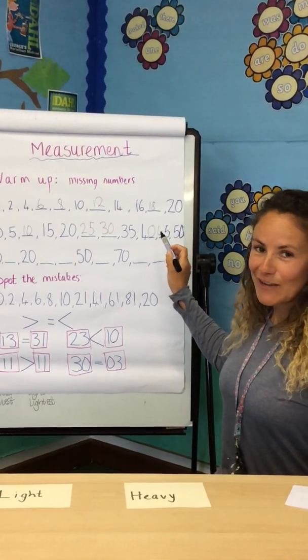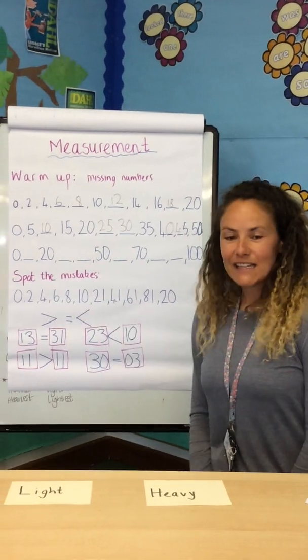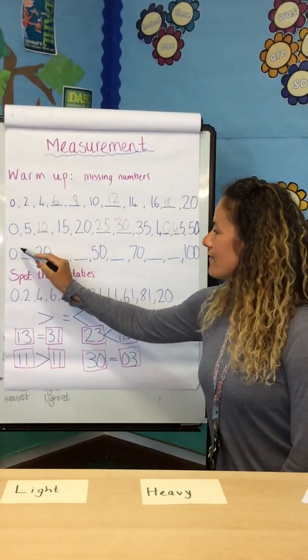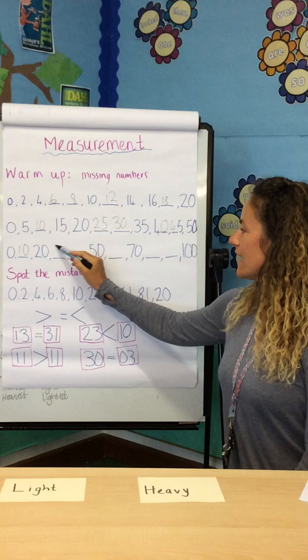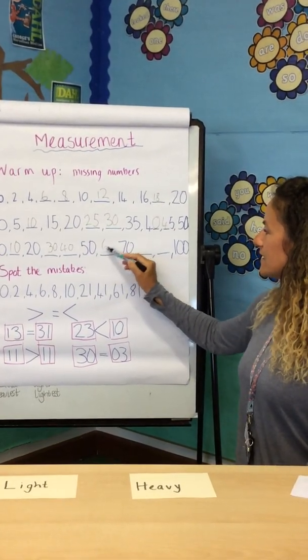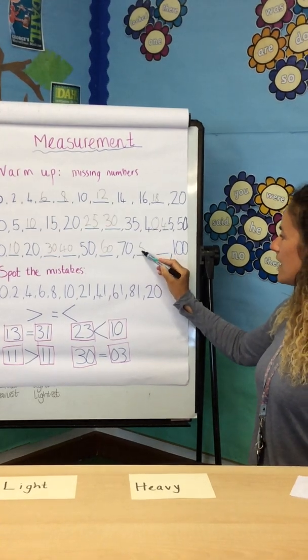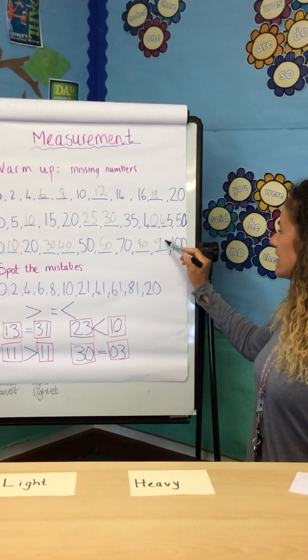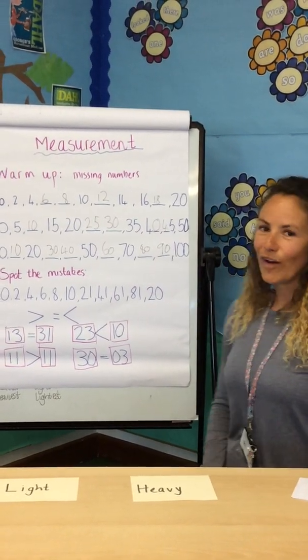I put a few little tricky ones in there. Next one, counting in tens. Are you ready? 0, 10, 20, 30, 40, 50, 60, 70, 80, 90 and 100.